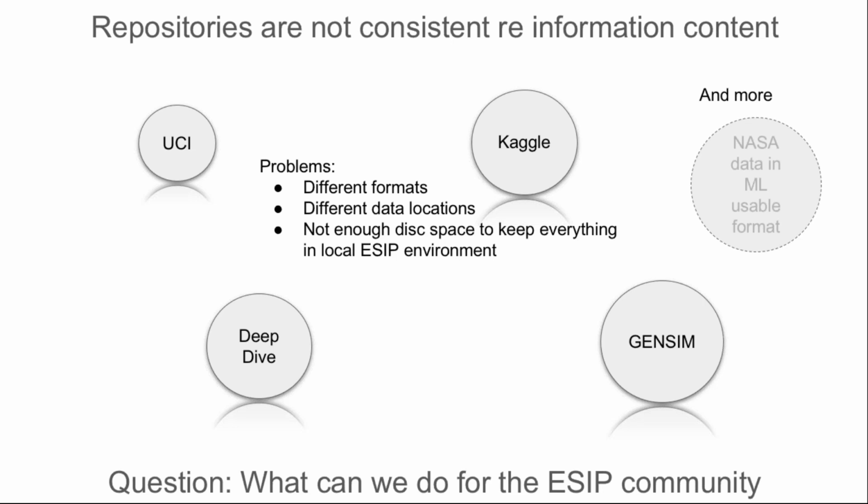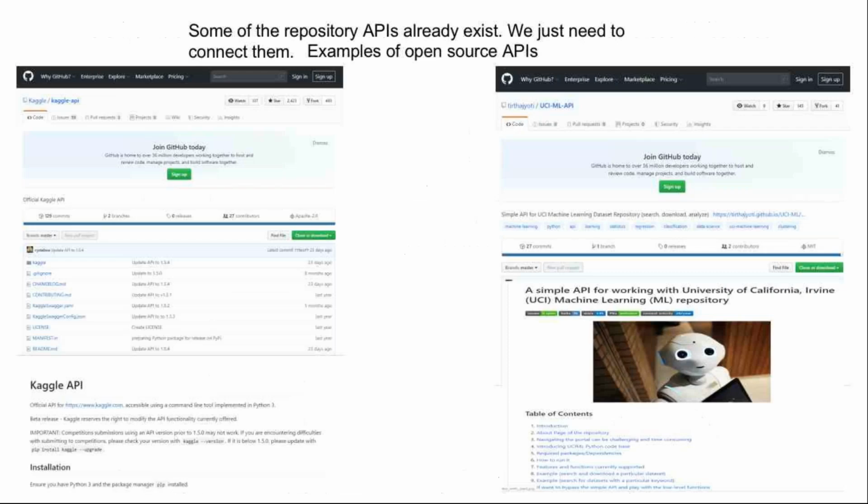So how are we going to solve this problem for ESIP? Today's subject is basically this. I will not get into any specific machine learning algorithms, but discuss the repositories.